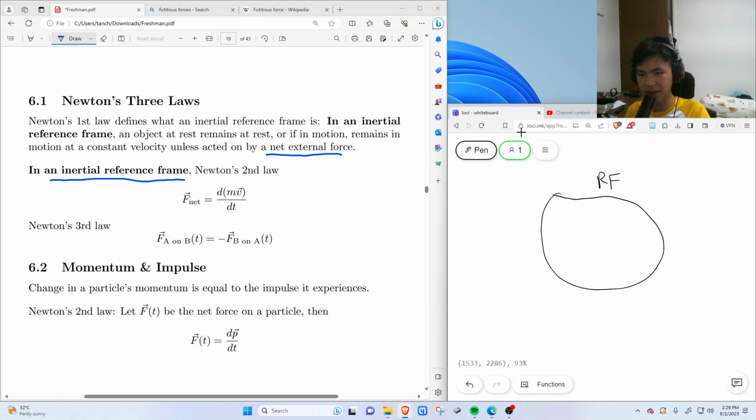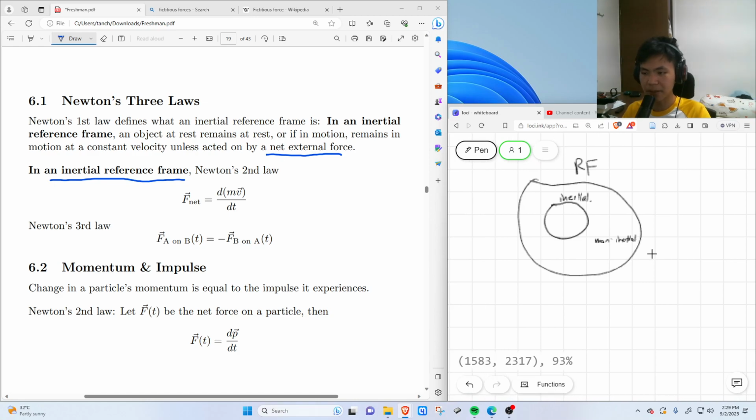Newton's first law picks out a subset of these and calls them inertial. The rest will, of course, be called non-inertial.